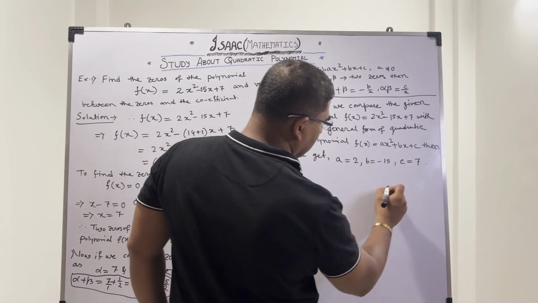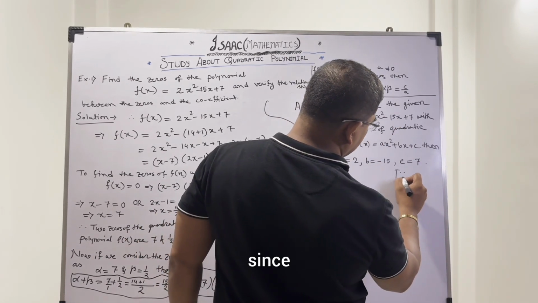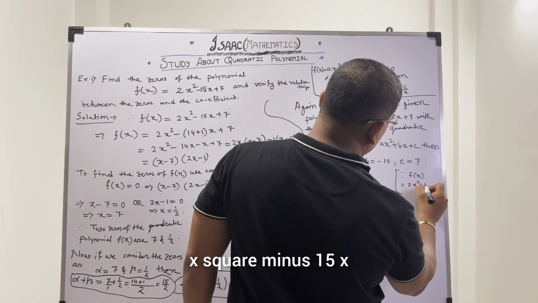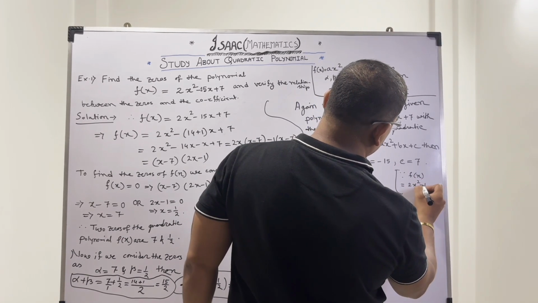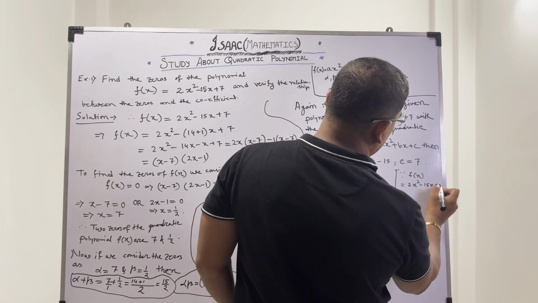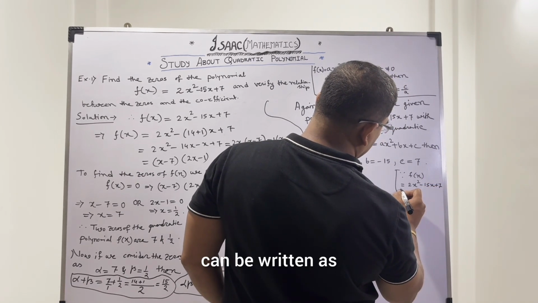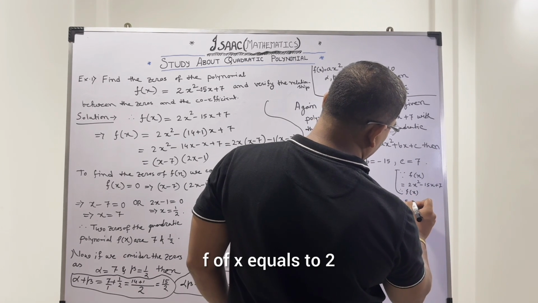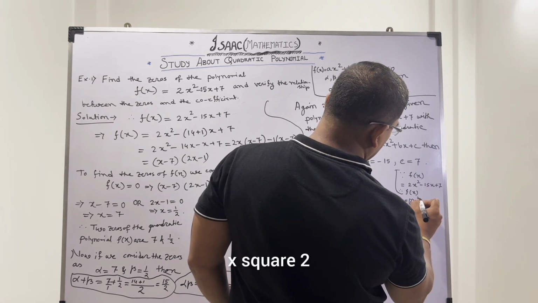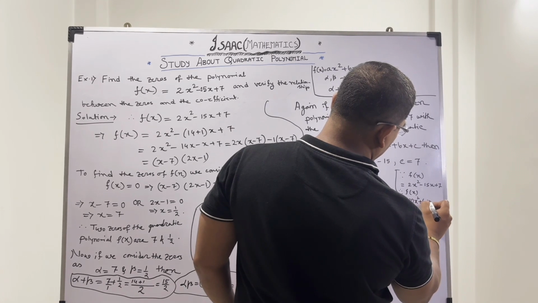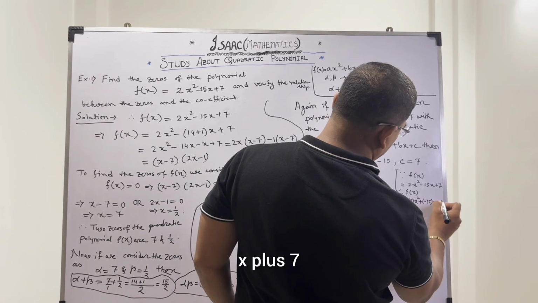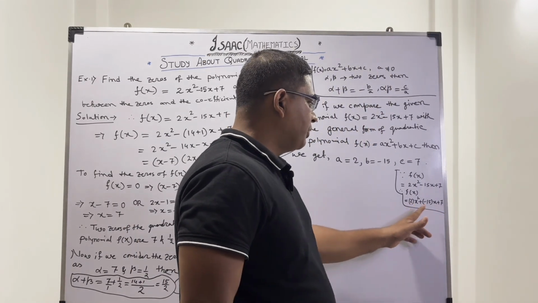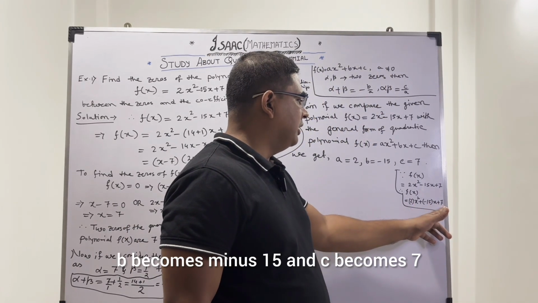Okay. So since f of x equals 2x square plus minus 15x plus 7, a becomes 2, b becomes minus 15, and c becomes 7.